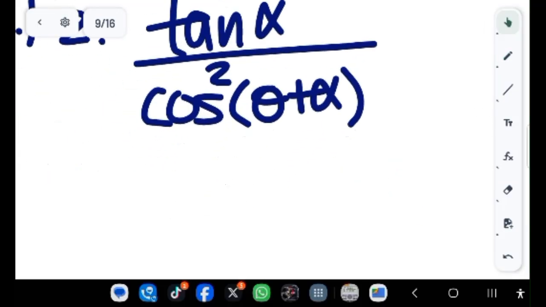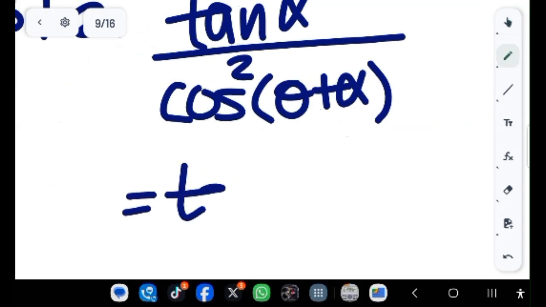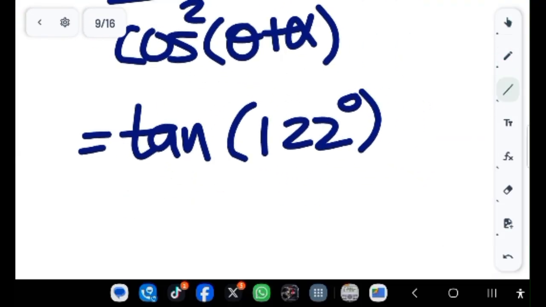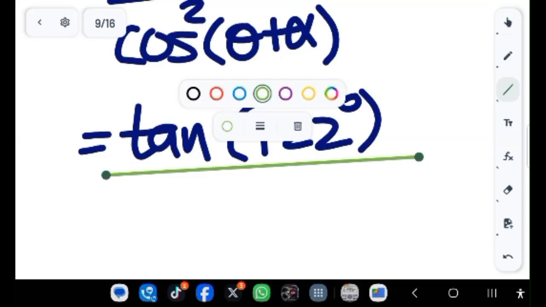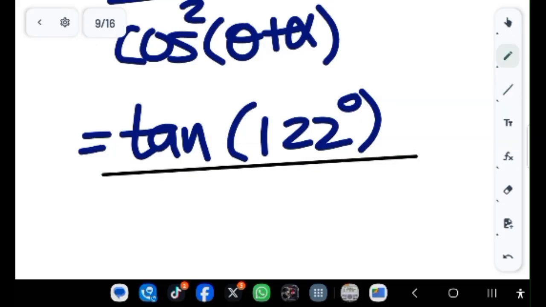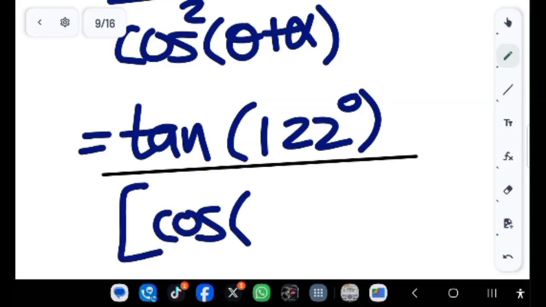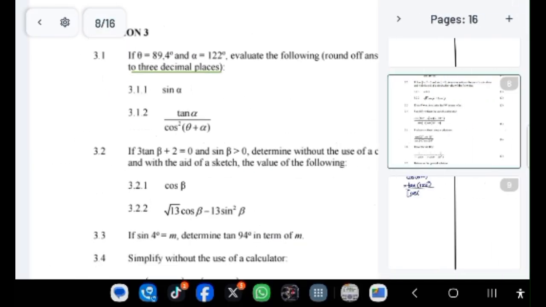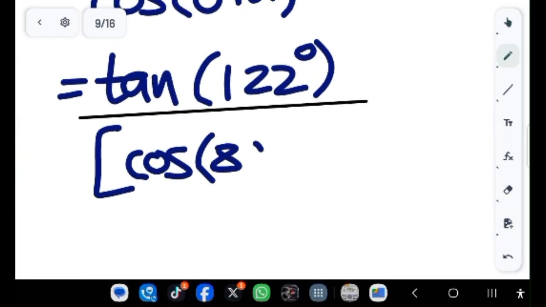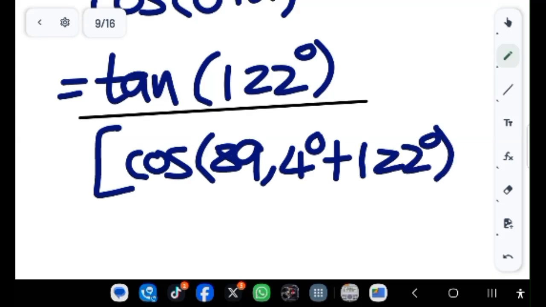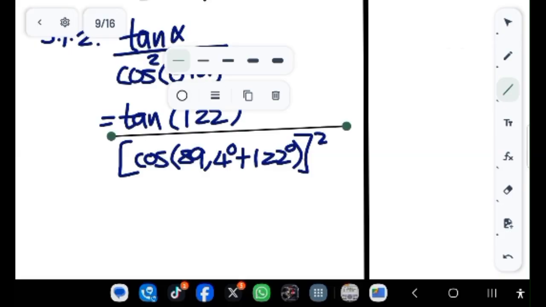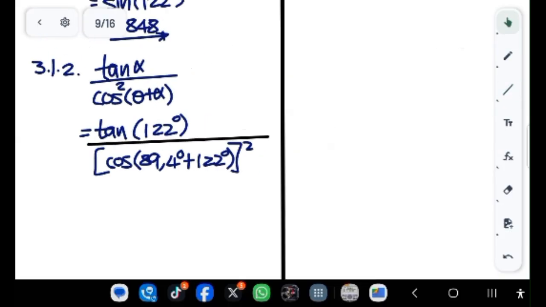Alpha is 122 degrees, and theta is 89.4, so that will be 89.4 plus 122, and all of that must be squared.